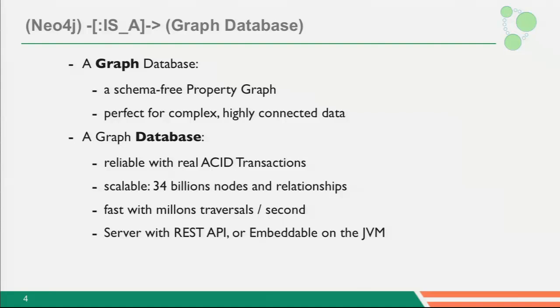One may be particularly relevant to an audience like this because it can be embedded in the JVM. Fundamentally, it's a bunch of jar files, and you can embed it like any other library, like Lucene, for example. But like Lucene has Solr and Elasticsearch to make it available over the network, Neo4j also has a server model, which makes it available using a RESTful API.